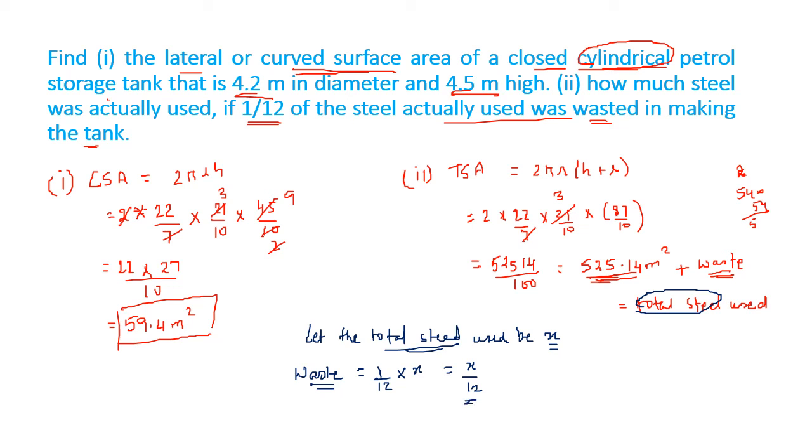So what is the petrol tank made up of? The petrol tank is made up of the total steel we had, x minus x upon 12. So we get 11x upon 12. So 11x upon 12 is what the petrol tank is made up of, that is this. So 11x upon 12 should be 525.14 meters square.